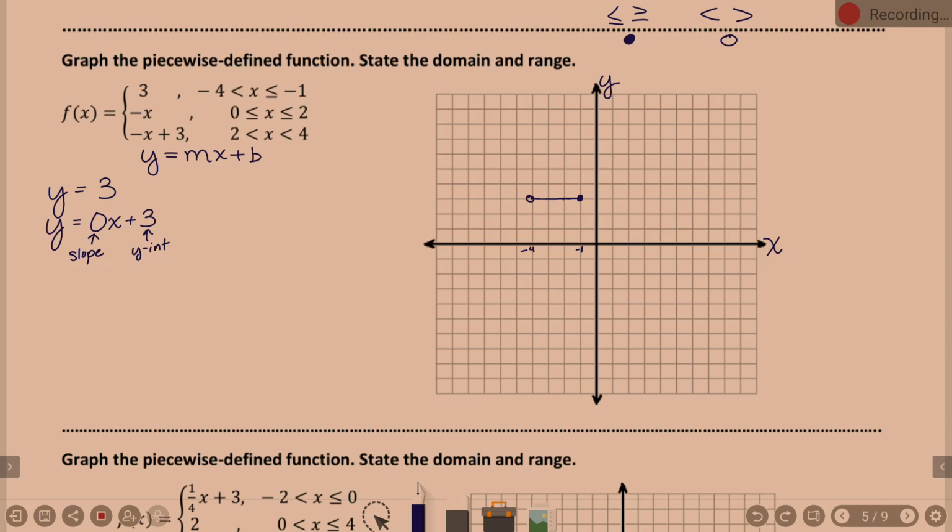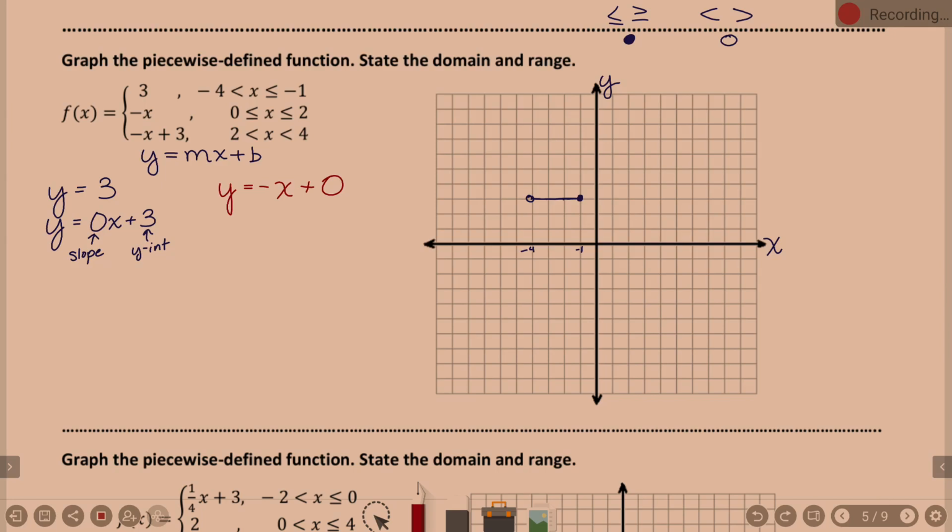Now we do the next piece. I personally am changing colors just because. My next piece says y equals -x. Now, if we're thinking mx plus b form, we have -x plus 0.